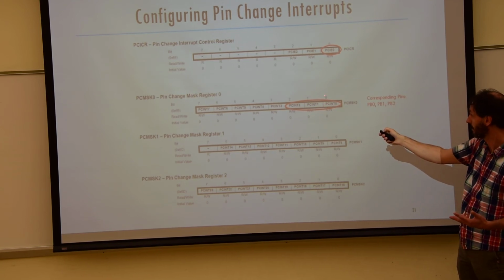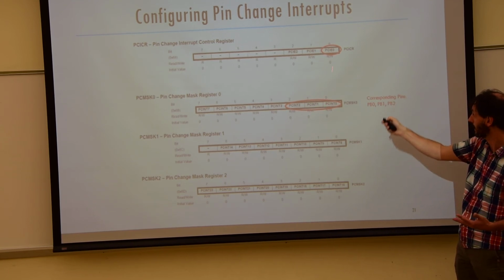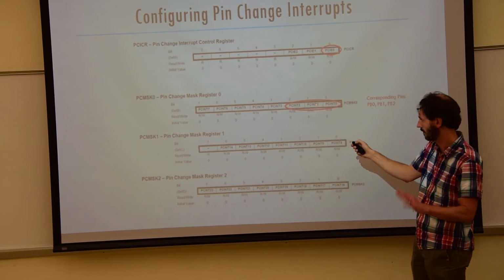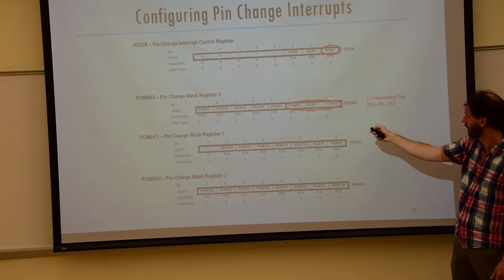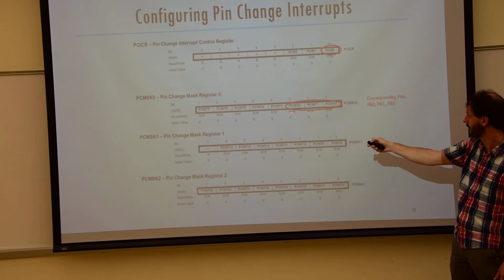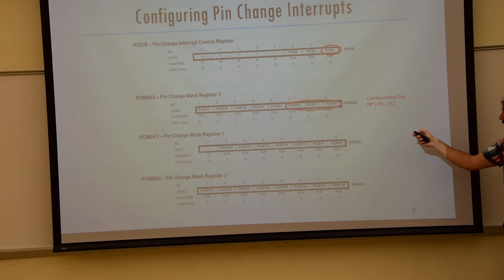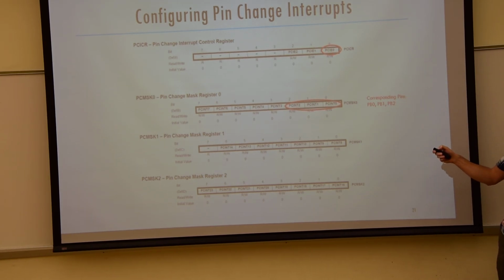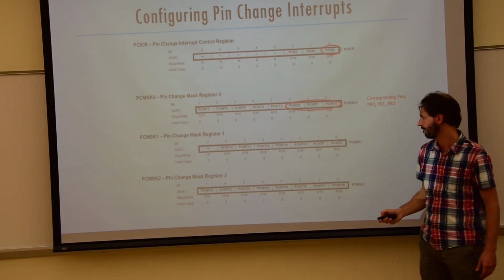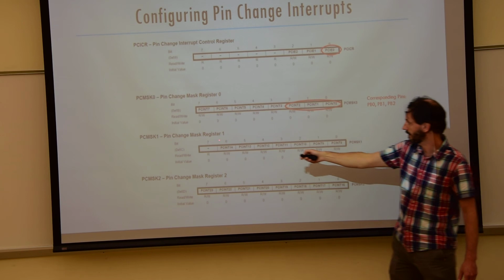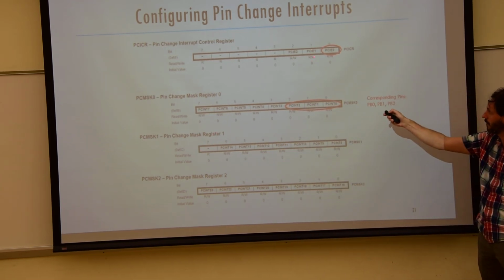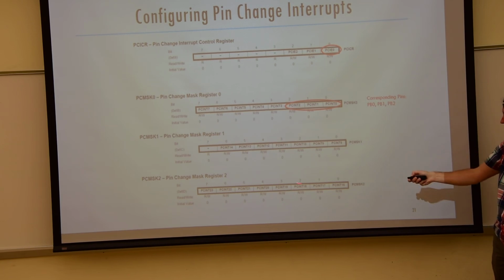So I have pins 0 to 7 in this particular case. It happens to be the same numbers as this, but there's no relationship. So if we set these 3 bits to 1, those pins, if they toggle, will lead to a call to the interrupt service routine for PCI0. We have a similar mask for register 1 and for register 2. If we had enabled those, we would also set some of those pins.